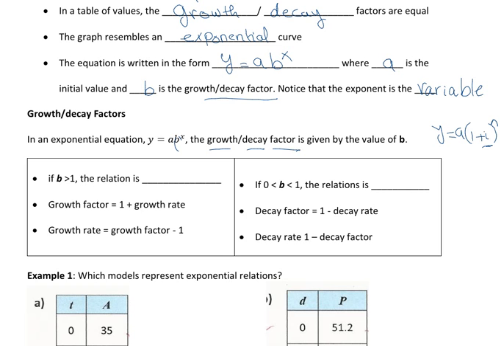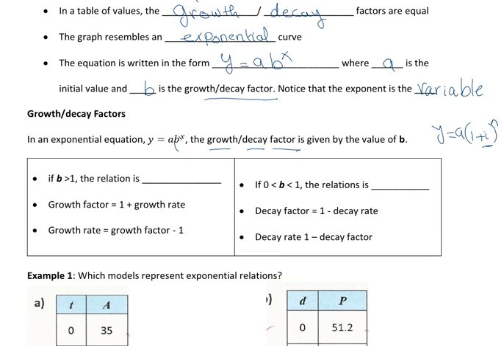It's how much you're increasing by, as a percentage. If you want to find your growth factor, you have to do 1 plus i. So when I do 1 plus i, that gives me my growth factor, which in this case is 1 plus 0.02, so my growth factor is 1.02. Do you guys understand that part?